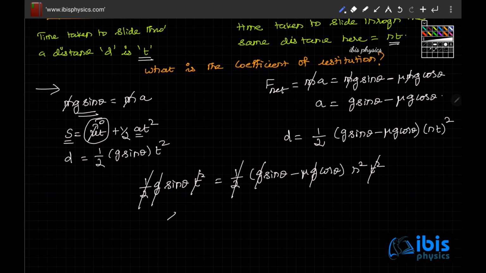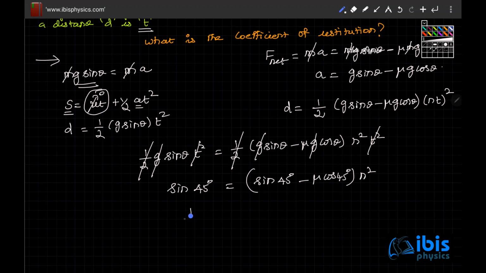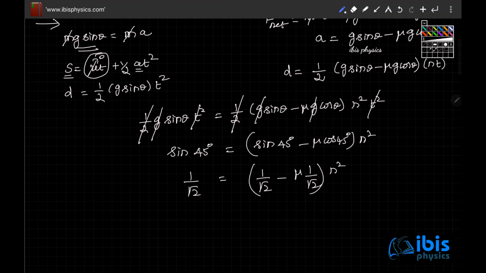The angle of inclination is 45 degrees, so sin 45 degrees is equal to sin 45 degrees minus mu cos 45 degrees into n square. Sin 45 degrees is 1 by root 2, so 1 by root 2 is equal to 1 by root 2 minus mu times 1 by root 2 into n square. Root 2's will be cancelled, so 1 is equal to 1 minus mu into n square.